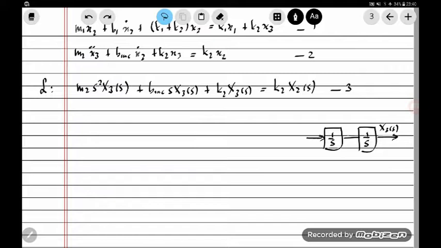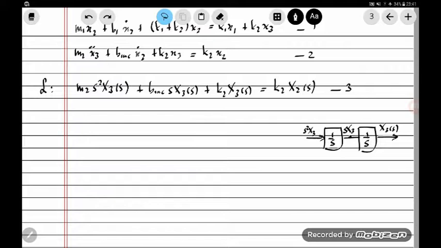So this signal here is sx3. I'm going to avoid writing the (s) and just write sx3 to save space. And then this signal is s squared x3.